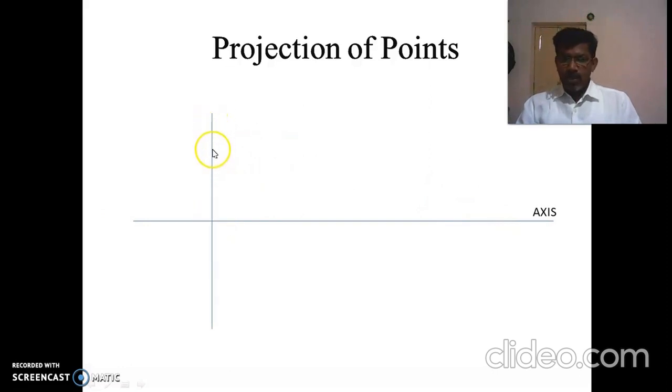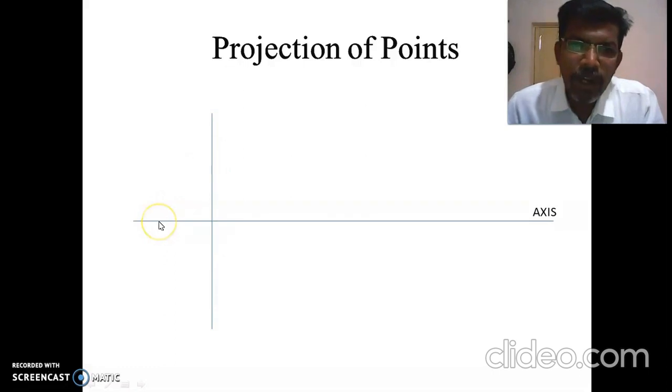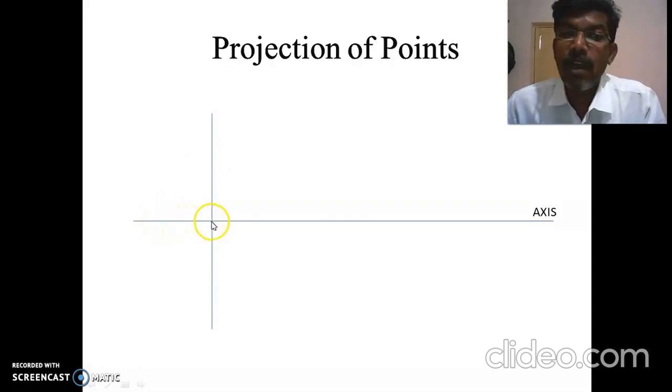So this is the vertical plane and this is the horizontal plane. If I place a point here, it is called in the vertical plane, and if I place a point here, it is called in the horizontal plane. Suppose I place a point here, what is it called? This is called that the point is placed in both the planes.